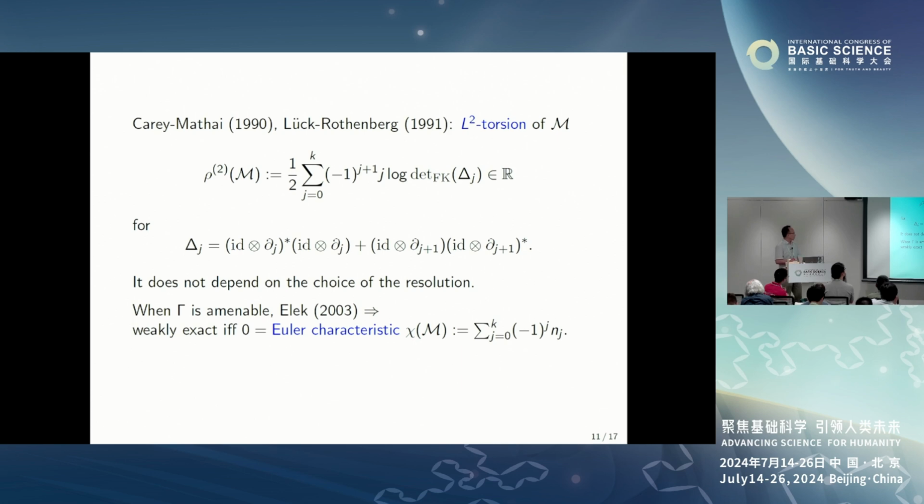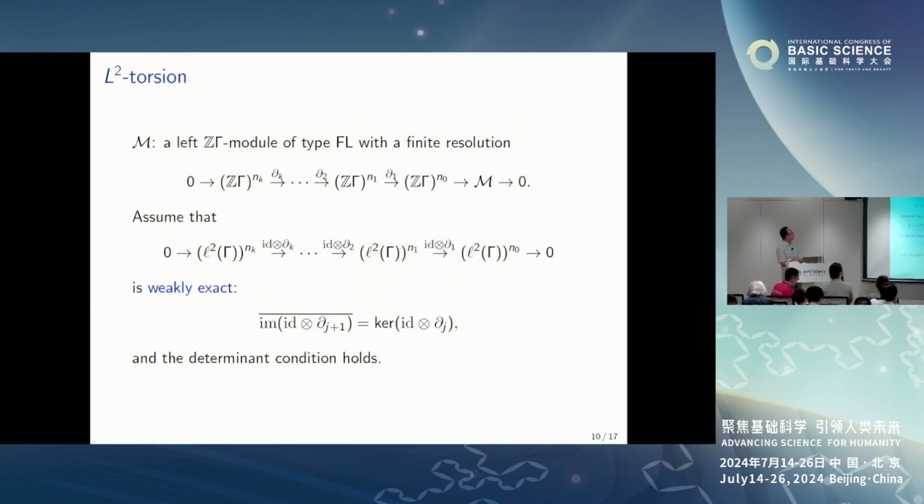And we also know when the sequence is actually weakly exact. When gamma is minimal, Eric showed that this happens exactly when the order characteristic is 0. That is just the alternating sum of the sizes of all these free modules.